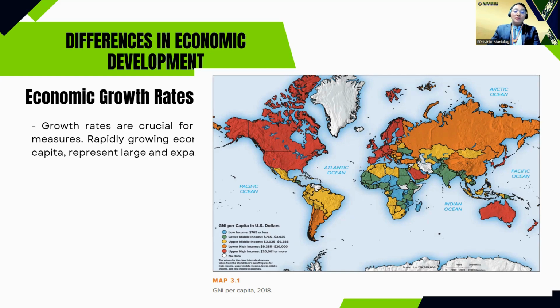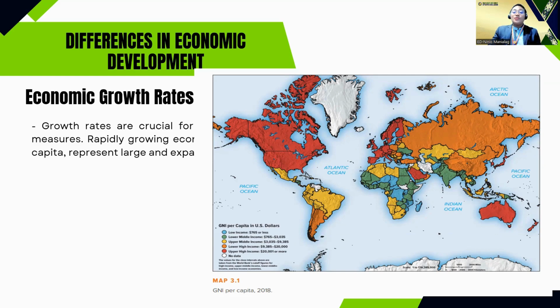Now, the color green represents the lower middle income countries with a GNI per capita ranging from 765 US dollars to 3,035. These economies are somewhat more developed than low income countries, but still face significant challenges in terms of economic development and living standards.